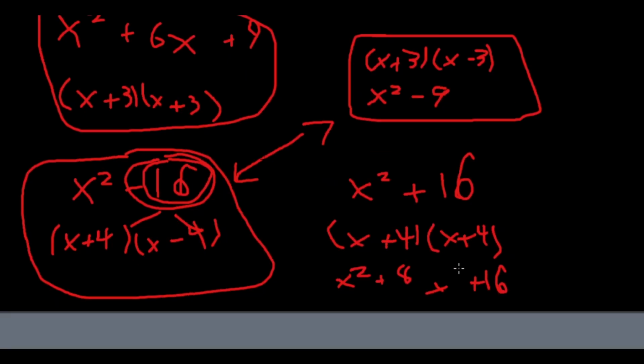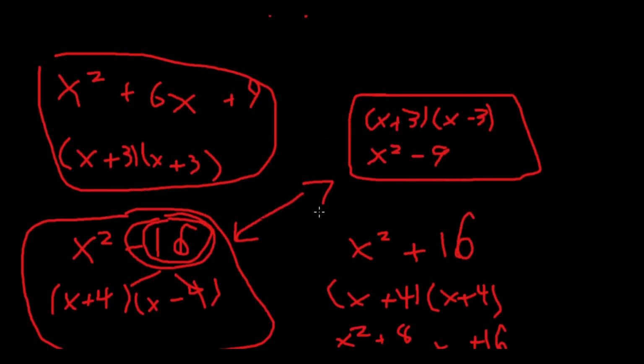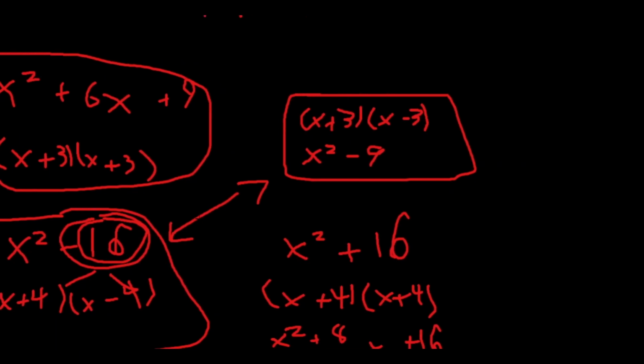So hopefully, it doesn't have to make perfect sense. Again, this is something you have to practice a lot to understand, but if you have x squared minus a perfect square, you know you can just factor it as x plus the square root of that perfect square, x minus the square root of that perfect square.